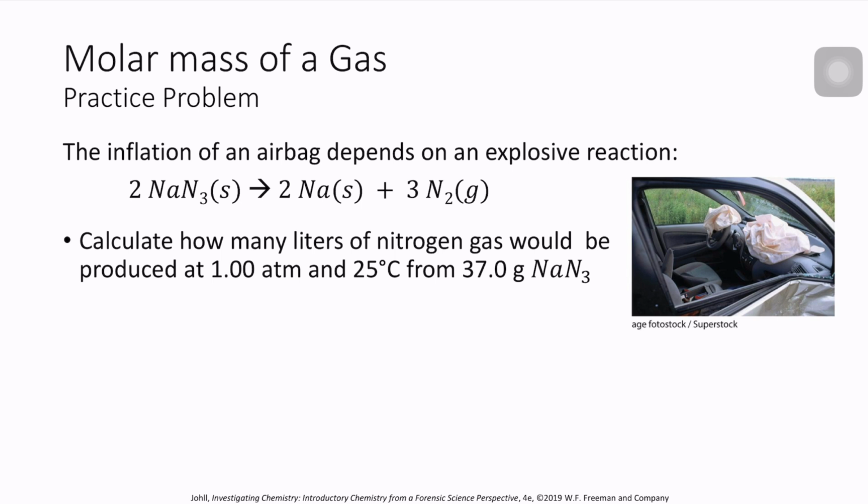What I want you to really be aware of is that the ideal gas law is only for gases. So I can't calculate the moles of sodium azide and plug that into the ideal gas law, because sodium azide is a solid.